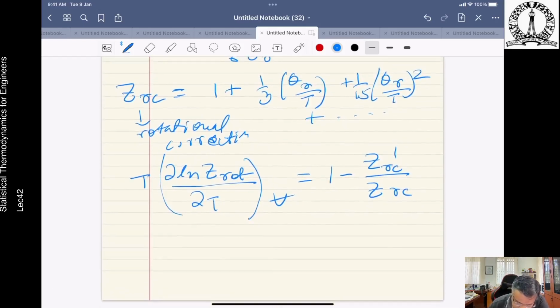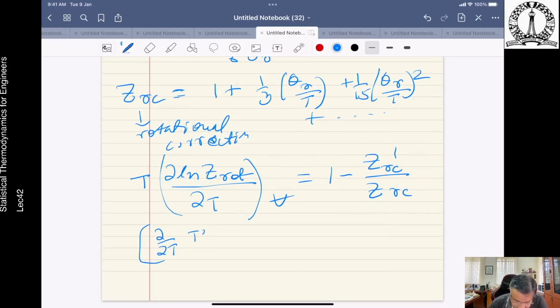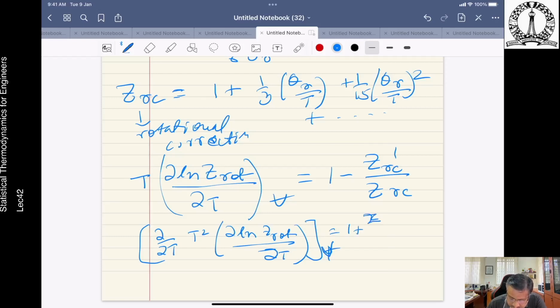And the other one, d squared ln Z rotation divided by dT squared at constant V, is given as 1 plus ZRC double prime minus ZRC prime by ZRC minus ZRC prime squared.